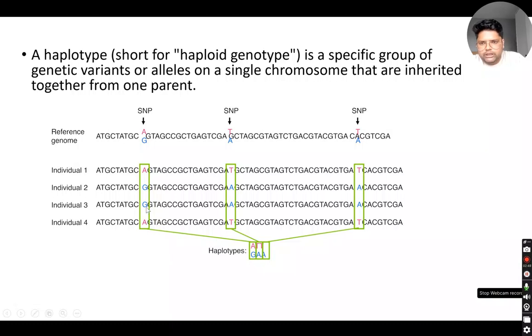And whenever there is a G here, there is always A, A. So they have a non-random association. A has an association with T and another T. G has an association with another A and A. So it's a specific combination of genetic variants, single nucleotide polymorphisms, on the same chromosome, which are inherited together. And this specific combination has some biological value. So this is a haplotype.